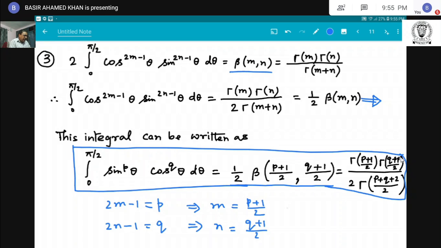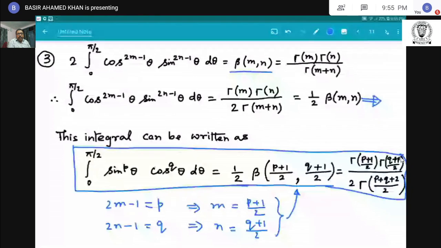This is another form of beta function. I will use this mathematical relation in future.